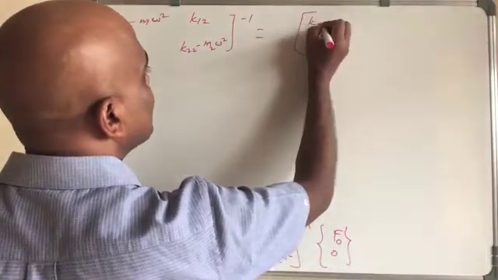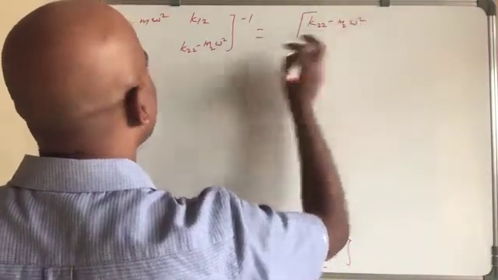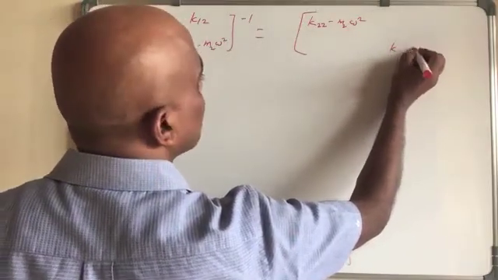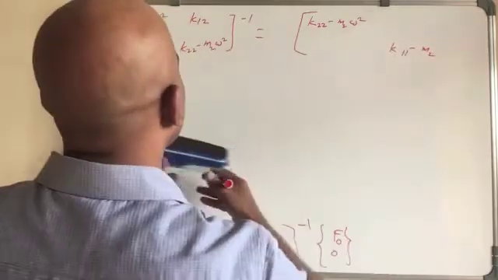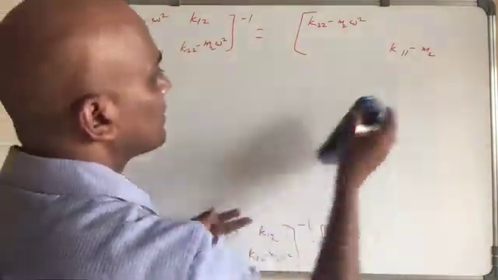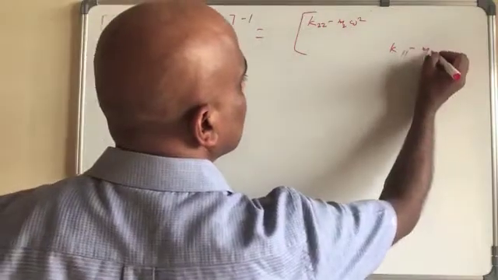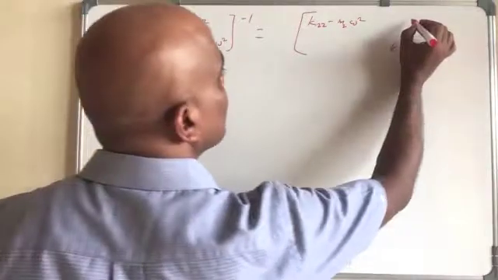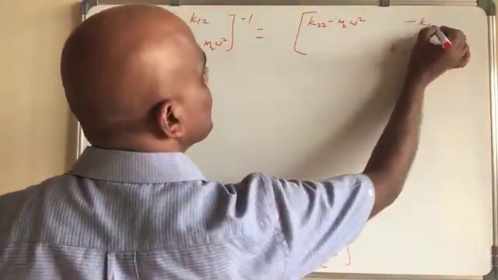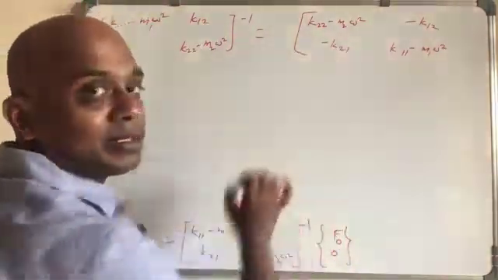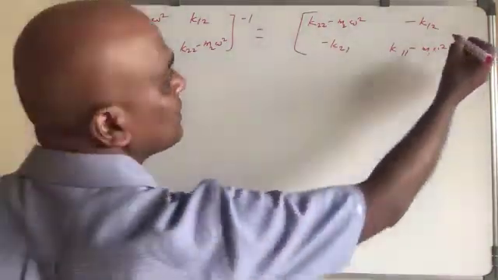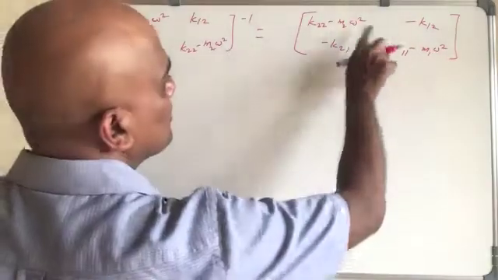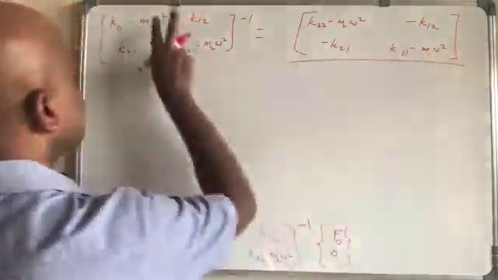So we will have k22 minus m2 omega square, and here k11 minus m1 omega square, and then these two off-diagonal terms will be negative, so we will have minus k12 and minus k21. So it goes like this. Then it is divided by the determinant of this term.